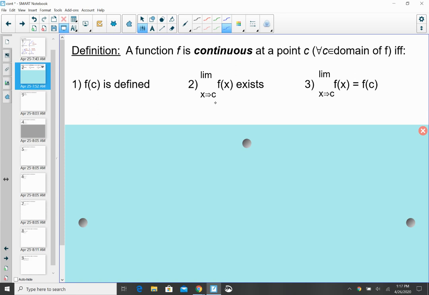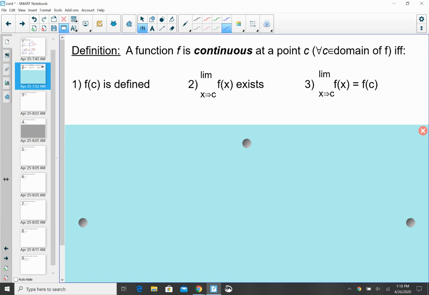If you remember when we did limits back in the beginning, I always said the value and the limit are not dependent upon one another. Now, however, if they are the same, if there's a correlation there, if the limit equals the value, then the function is continuous.